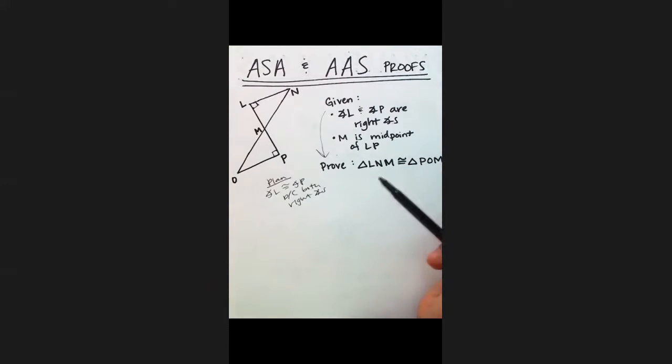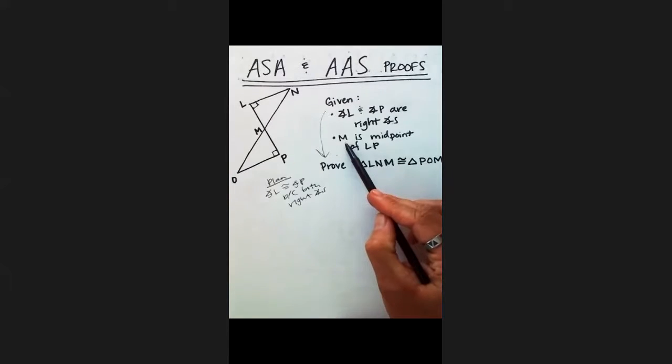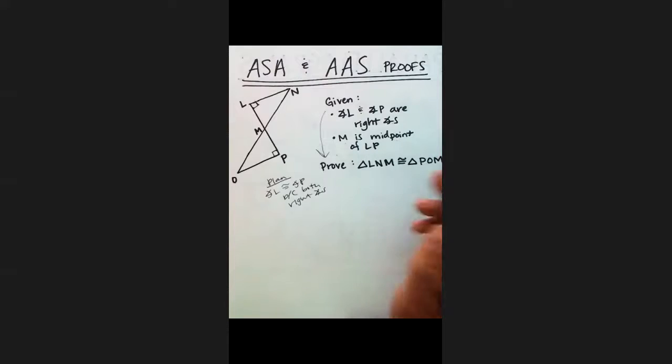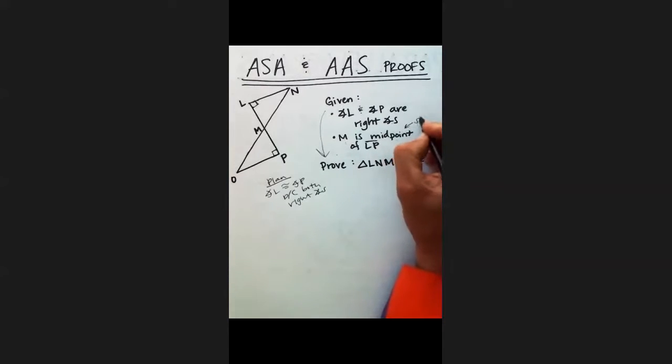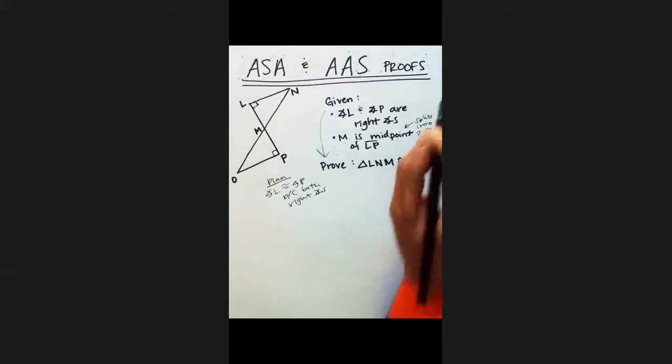Okay, cool. So our next piece of given information, Ms. Atkin, says that point M is the midpoint of segment LP. So what does that mean? If we remember back to our other lessons, when we have a midpoint, it means it broke those segments into equal values. So Ms. Atkin, which 2 segments did it break into equal values?